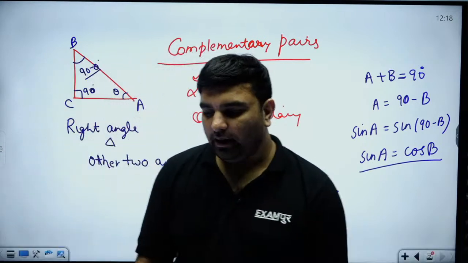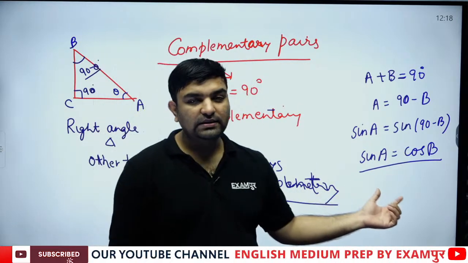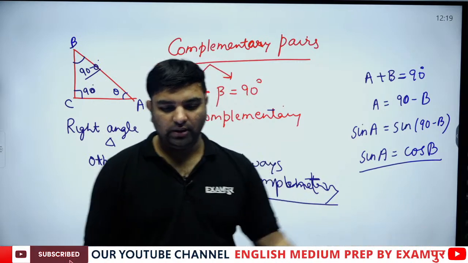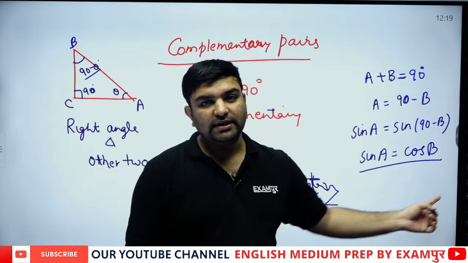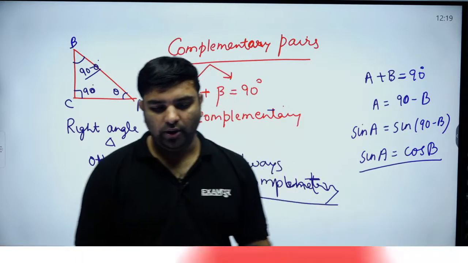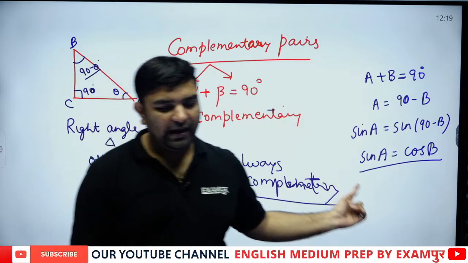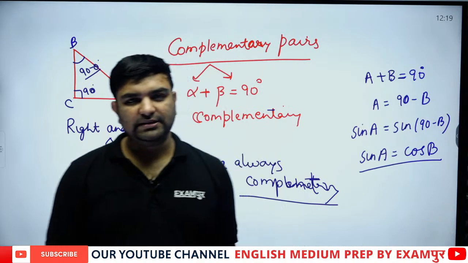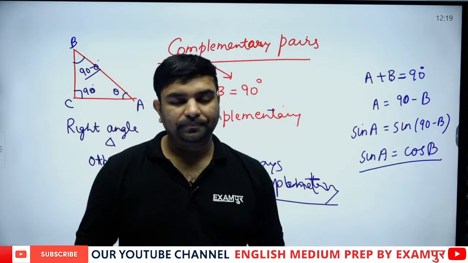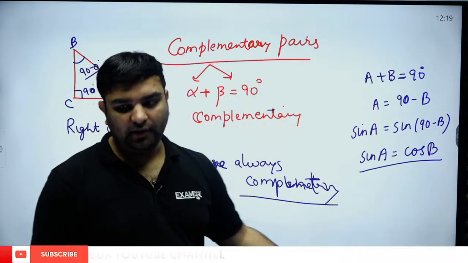So what do we learn? We learn that if angles are complementary, sine is equal to cos. I will definitely not derive all.